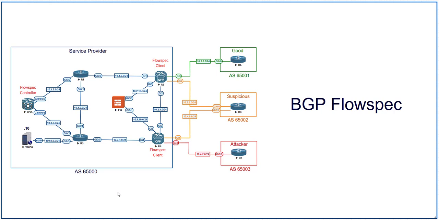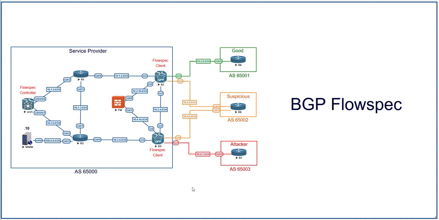For the Flowspec client, you can't use XRv, because XRv doesn't have the hardware forwarding capability. Because of that, in this scenario, I use the XRv for the Flowspec controller, but for the Flowspec client, as you can see here, I'm using IOS XE.